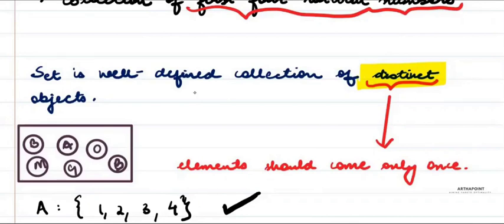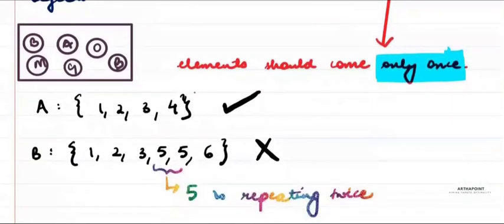That would never be the case. Exactly the same is the point with sets. The elements in the sets are unique. And by unique, I mean that these elements come only and exactly once. I do not want these elements to be repeated more than once. So, for example, let's take these 2 sets.